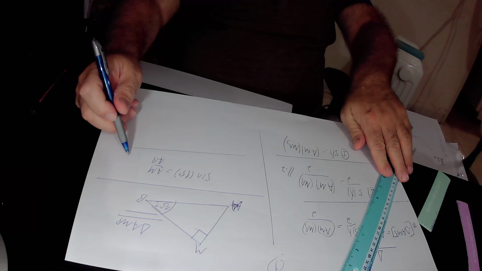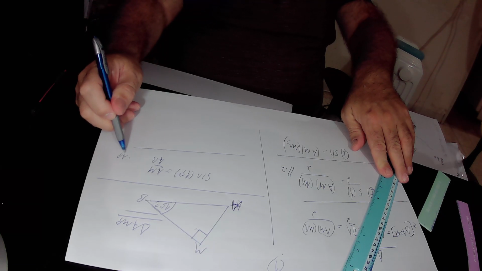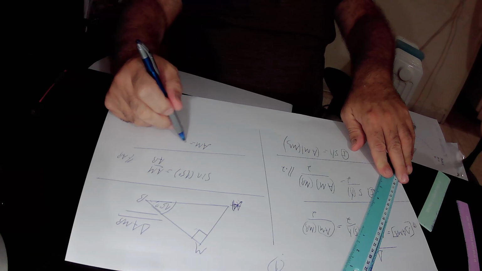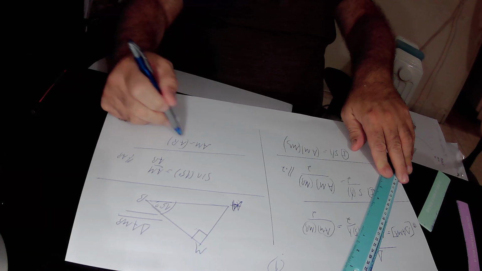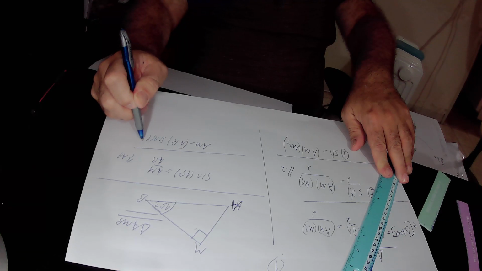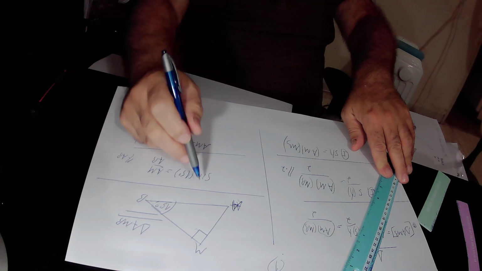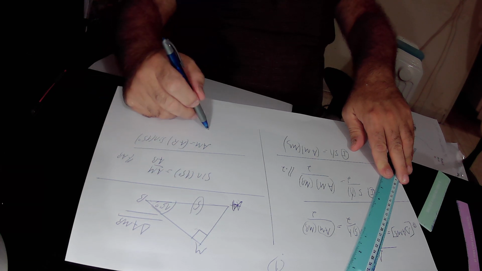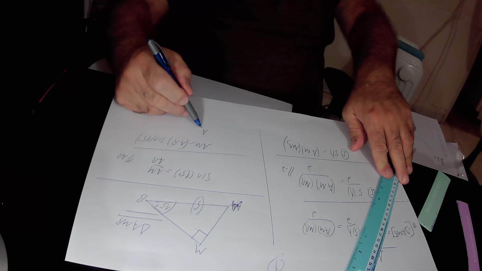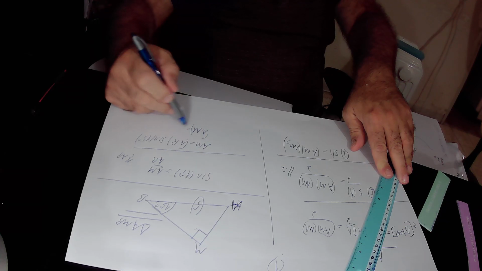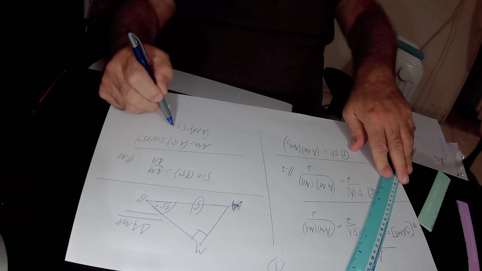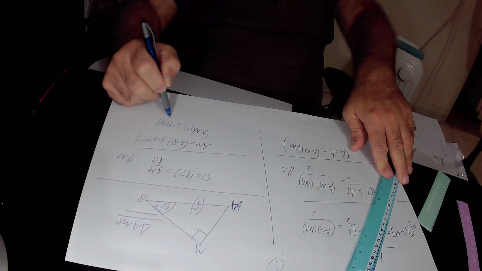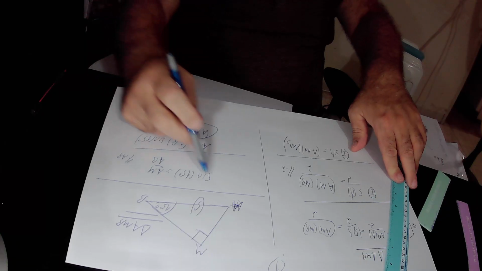So here we multiply this equation by AB and get that AM equals AB times sine 15 degrees. AB is 5 according to what is given, so we substitute AB by 5 and get that AM, the missing side, equals 5 times sine 15 degrees. So we found the missing side AM.